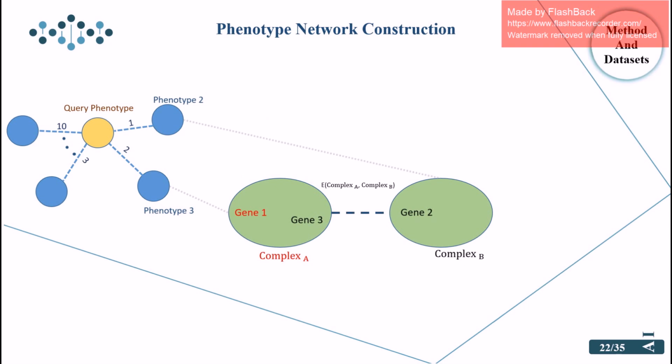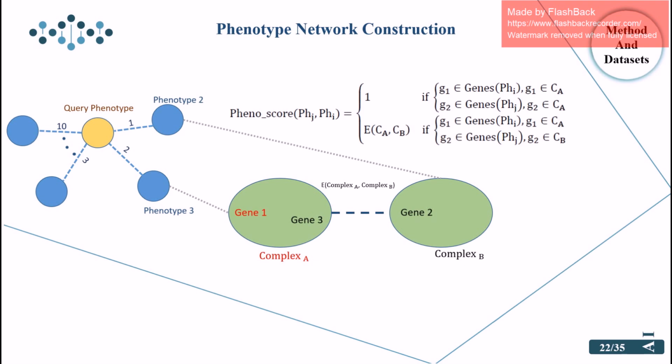If we couldn't fill all 10 spaces with phenotypes with these attributes, we should choose from phenotypes that are related to complexes in the neighborhood of the query complex, and we give them the degree of E, which we calculated before.